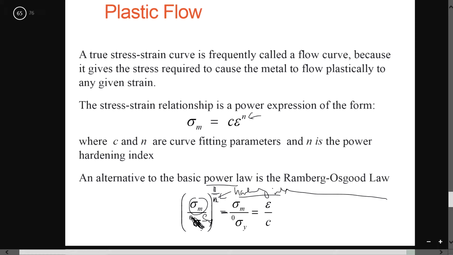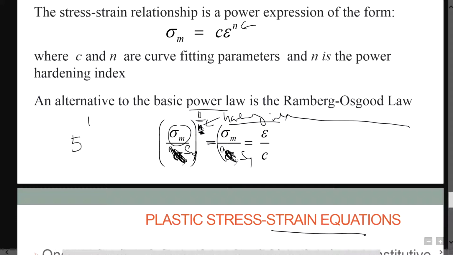Minus the von Mises over your ultimate stress. So it's just how much your hardening. This n actually affects everything, because if n is larger, for example, if n is 2, what do we have? We have 2.2.